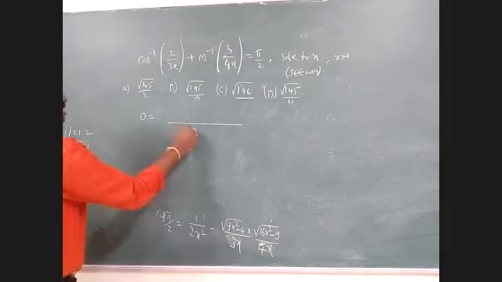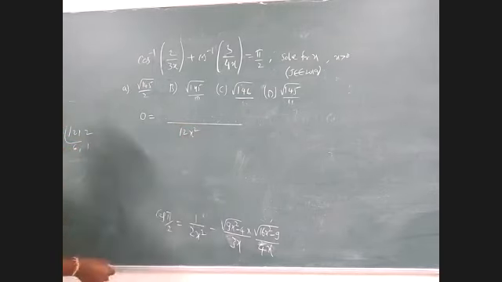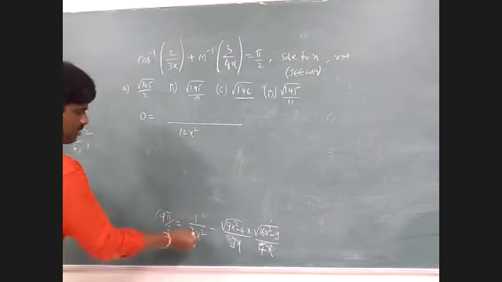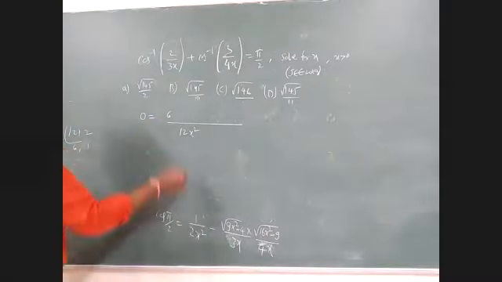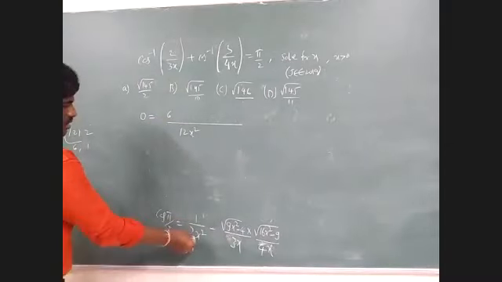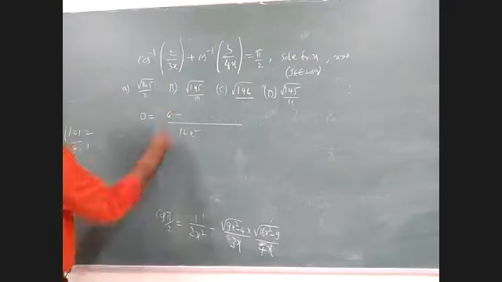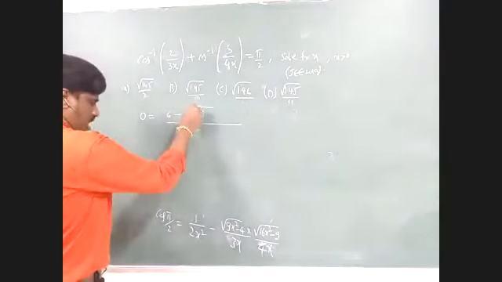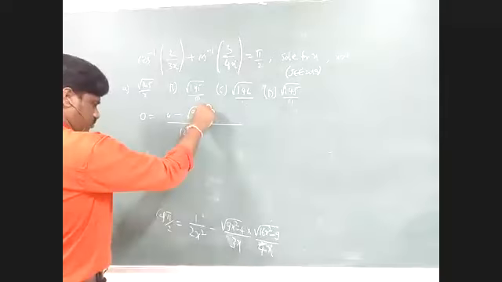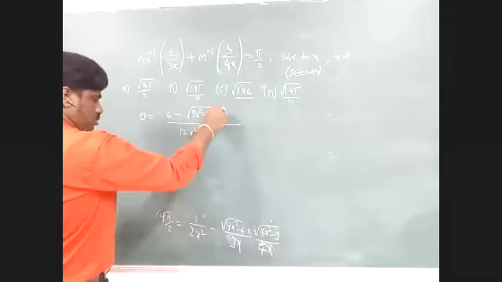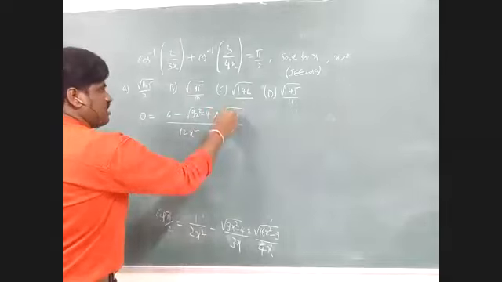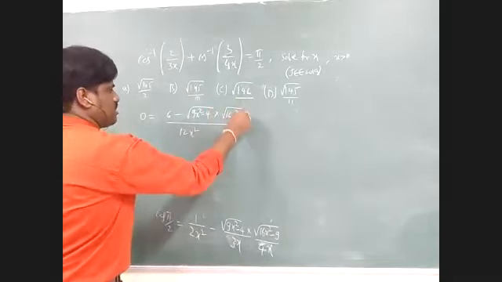So 12x square I can write. And here I get how much? This I get a 6, 6 I'll get, minus under root of 9x square minus 4 into square root of 16x square minus 9.